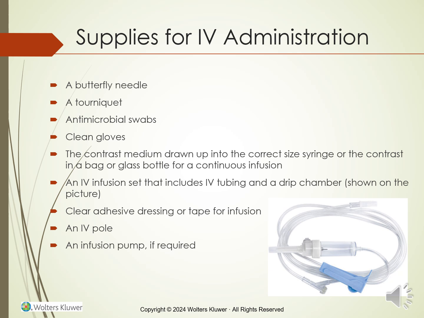You will need a butterfly needle or an IV catheter, depending on which method is being used in the injection, a tourniquet, antimicrobial wipes, clean gloves, the contrast media drawn up in the correct size syringe, an IV infusion set that includes IV tubing and a drip chamber if needed, clear adhesive dressing or tape for the infusion, an IV pole if necessary, and an infusion pump if it's required.